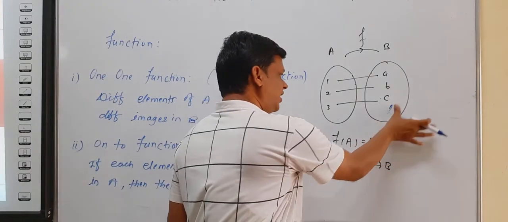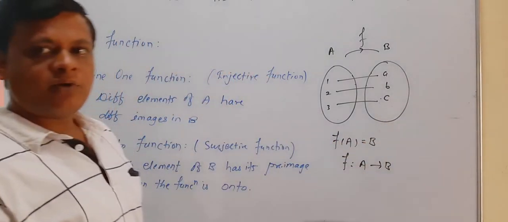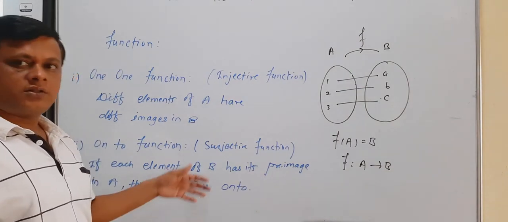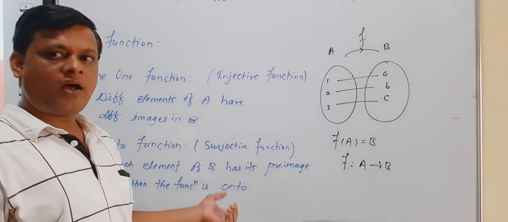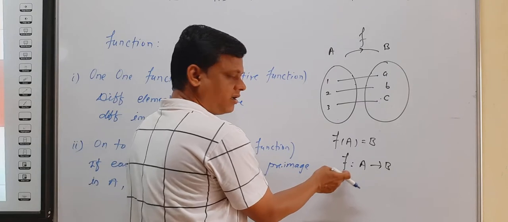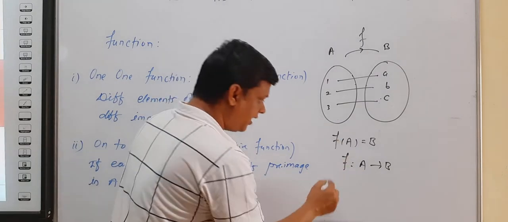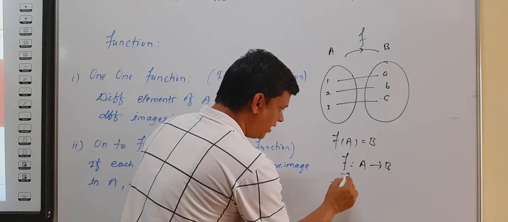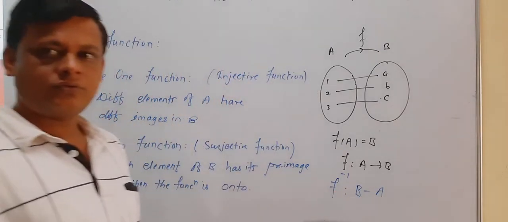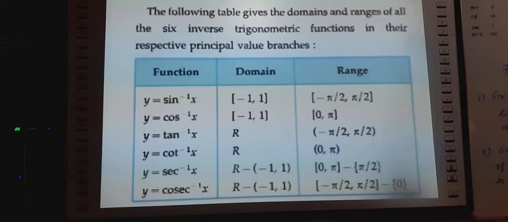Now we have to see inverse trigonometric functions. For an inverse trigonometric function, the function must be one-one and onto. So if the given function is f from A to B, then its inverse, denoted by f inverse, is from B to A. So for solving inverse trigonometric functions, we must know the principal branch values.